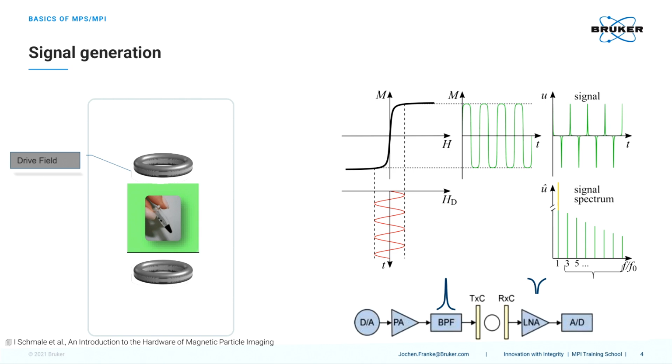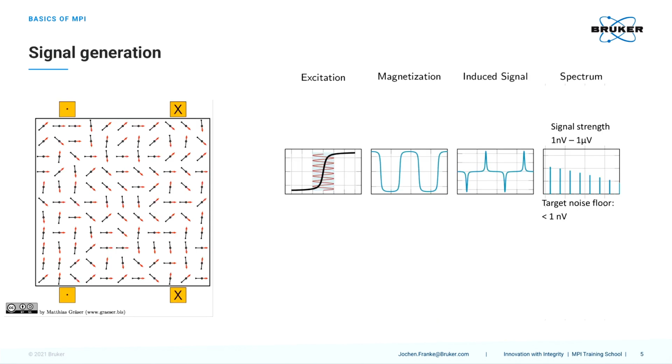So what happens in the spectra though, we filter out the fundamental frequency, and what is left over are the harmonics, which is the fingerprint of our particles. Right? So this is a basic concept of signal generation in MPI, or first of all, magnetic particle spectroscopy.